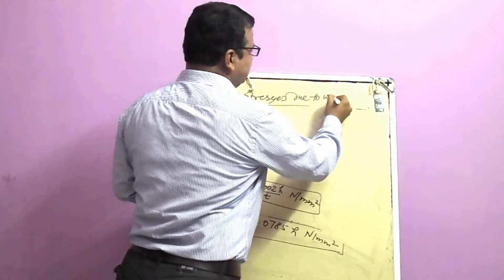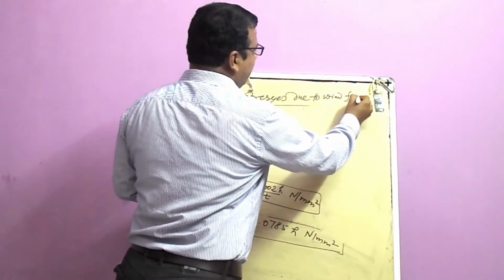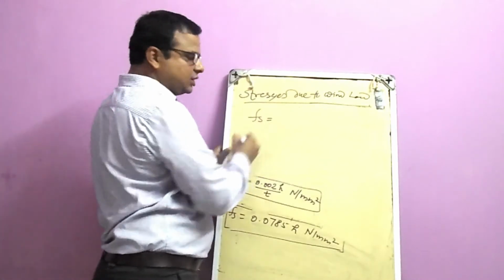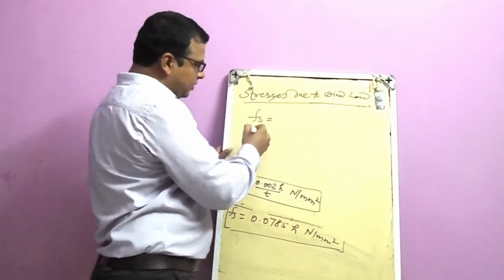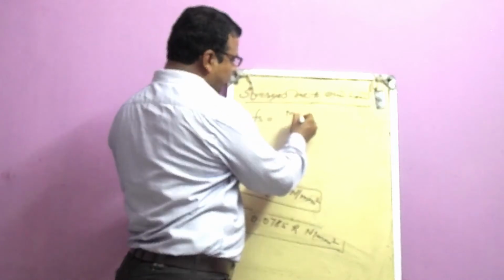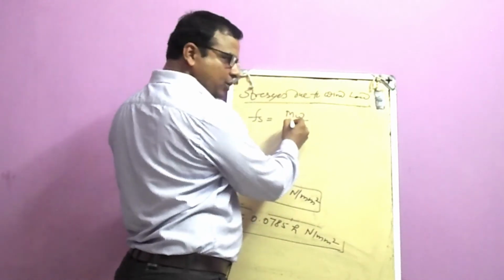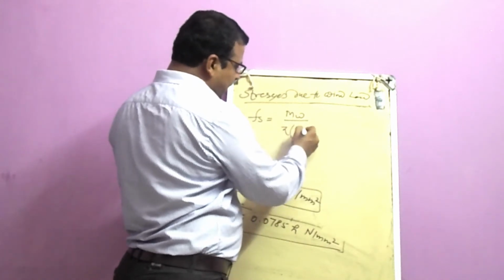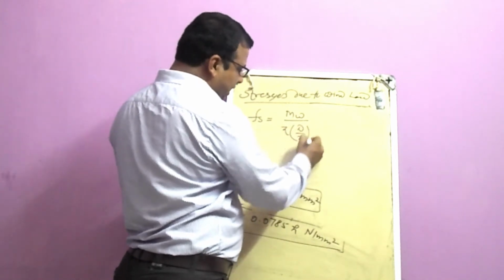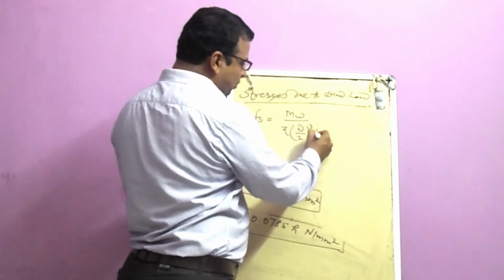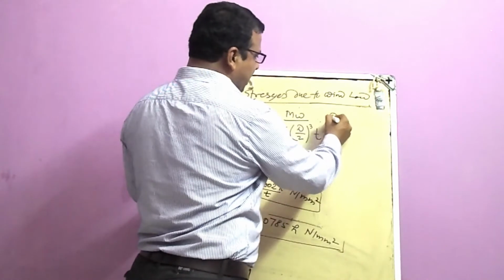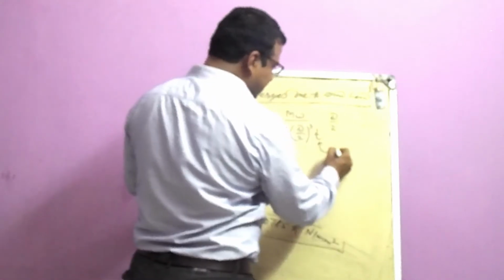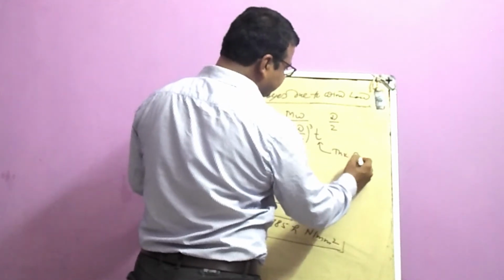Now stresses due to the wind, so directly we will find these stresses. We know our formula, M upon Z into y. So Mw is the moment due to the wind, and Z is pi d by 2 into t into d by 2, where t is the thickness of chimney.